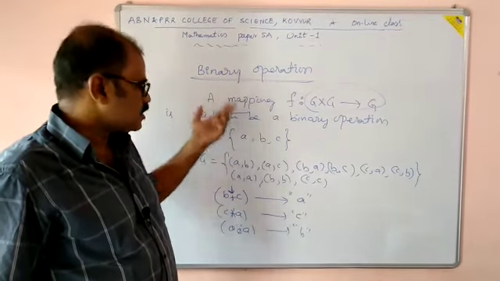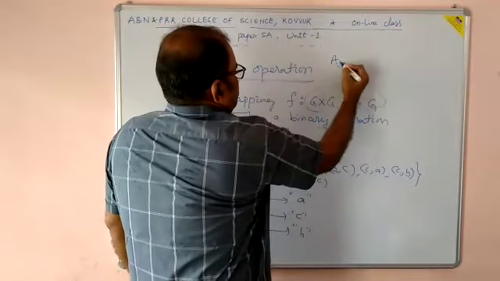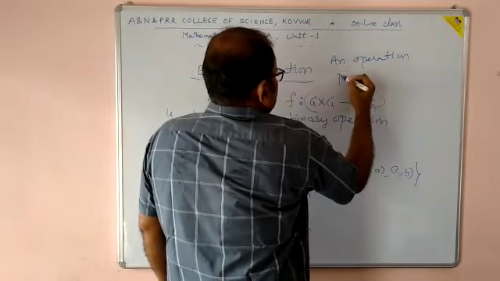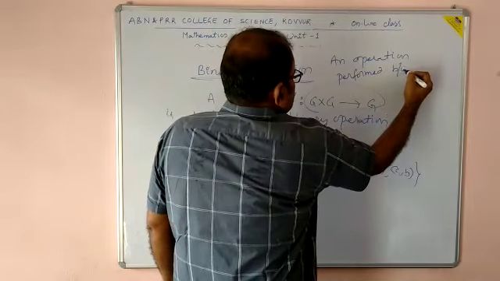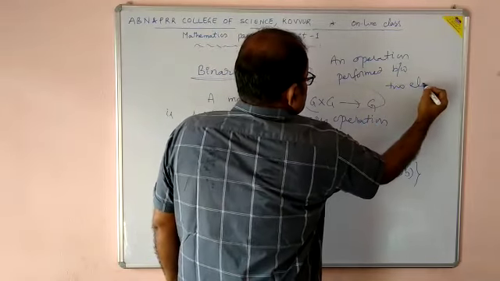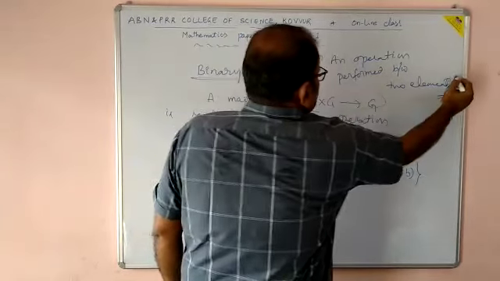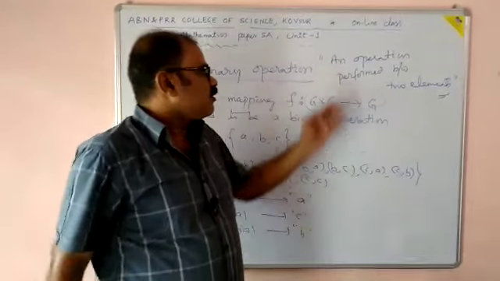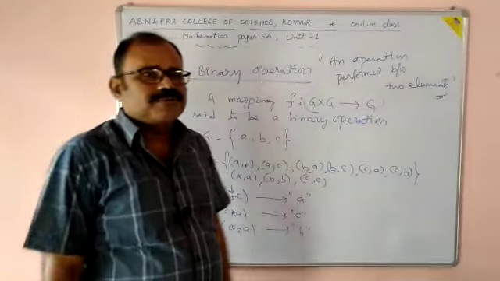Binary operation means an operation performed between two elements. Simply, in our colloquial language, an operation performed between two elements is said to be a binary operation.